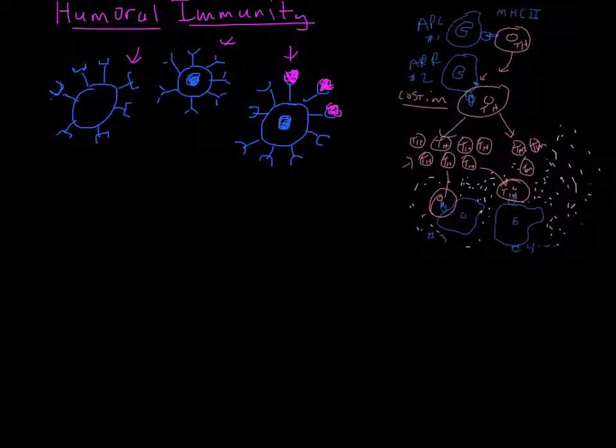And then what's going to happen at this B lymphocyte is that, even though we don't think of them as phagocytes, they will internalize this antigen, break it down into its little pieces, and then they will build an MHC2 complex so that they can display a piece of that antigen on the cell surface in that MHC2 complex.